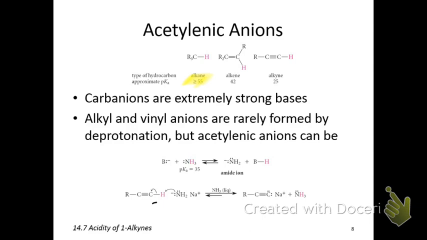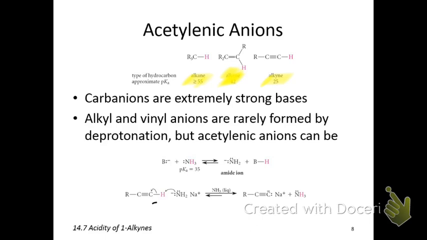Alkenes have a pKa of about 42, and alkynes have a pKa of about 25. Now think about that, a pKa of 25. That is in a range that's beginning to be much more useful chemically speaking.